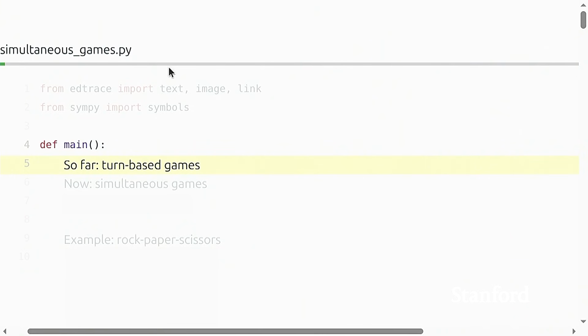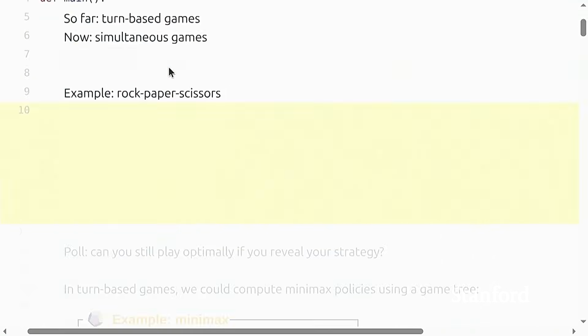So far, we've been talking about turn-based games, and now we're going to talk about something called simultaneous games. A famous example of a simultaneous game is rock, paper, scissors. Two players have to play at the same time. And so here's a question for you to think about.